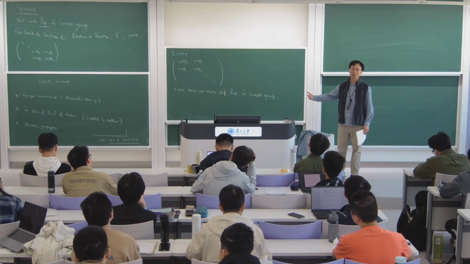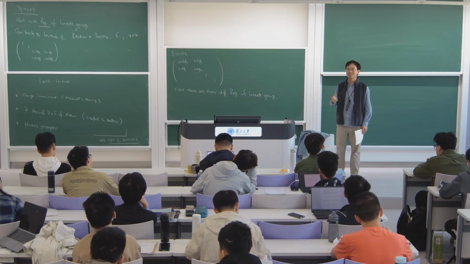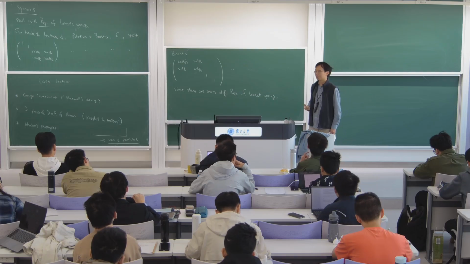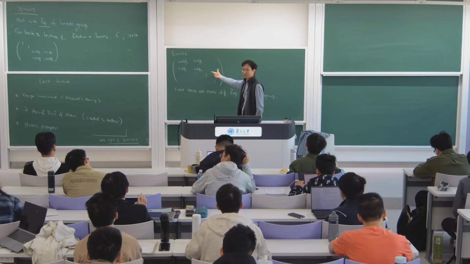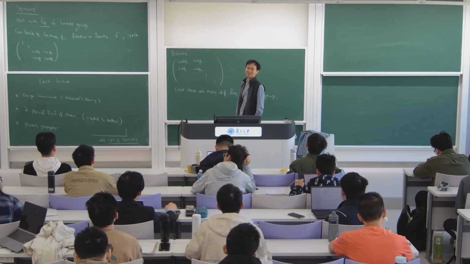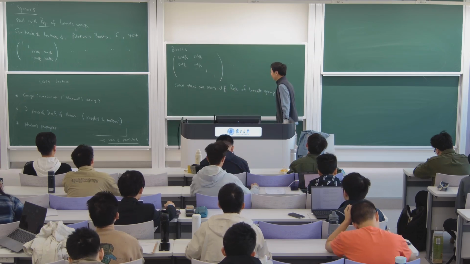You don't want to do case by case. You want to extract some intrinsic property of this group, okay? You don't want to write a particular matrix every time and then understand it. That's a little weird, right?